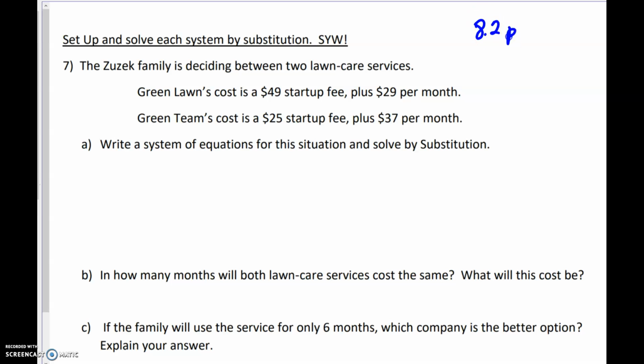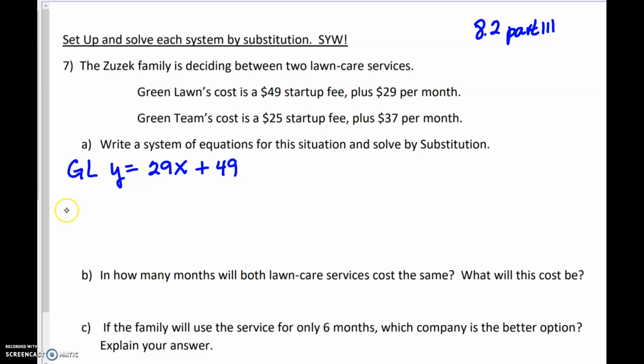8.2 part 3. Okay, so the Zuzik family is deciding between two lawn care services. Green lawn cost, okay, so a system of equations. All right, so green lawn, their total cost is going to be $29 per month plus the startup fee of $49.